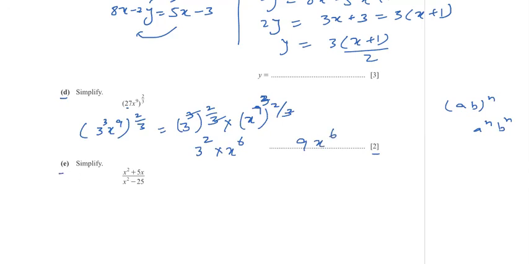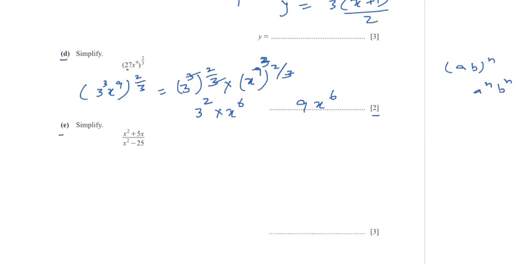Part A is simplify. We have to simplify. So first, always, whenever there is a fraction, to simplify the fraction, make factors. To make the factor of this one, take x common, x plus 5 over, make the factor of this one, x square minus 5 square.